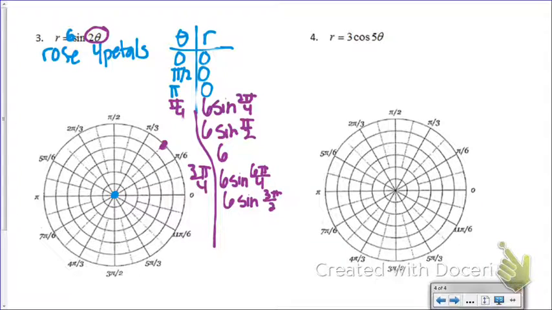The sine of 3 pi over 2 is negative 1. So 6 times negative 1 is negative 6. So at 3 pi over 4, that's this angle right here, I'm going backwards 6. So now my petal's over here. And if you were to continue, you would get another point here and another point here with those other angles. So that'll help you see what your rose is going to look like.